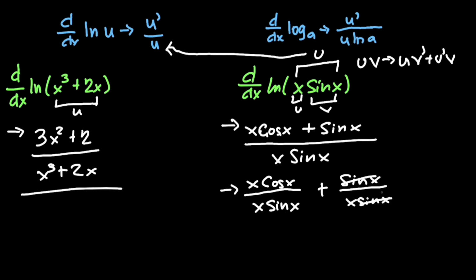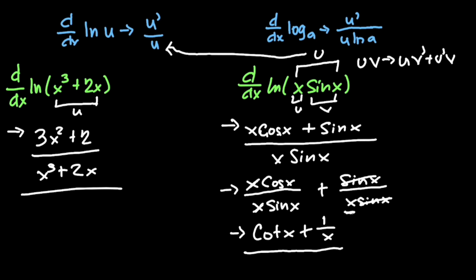These two will cancel each other out. These two will cancel each other out. So the final answer will be cos over sine will be cotangent of x plus what's left here is only 1 over x. This will be the final answer.